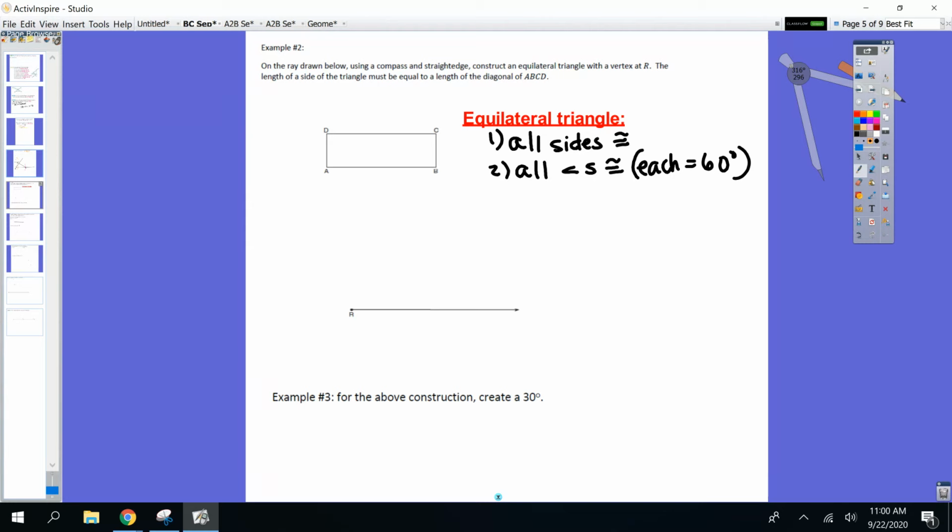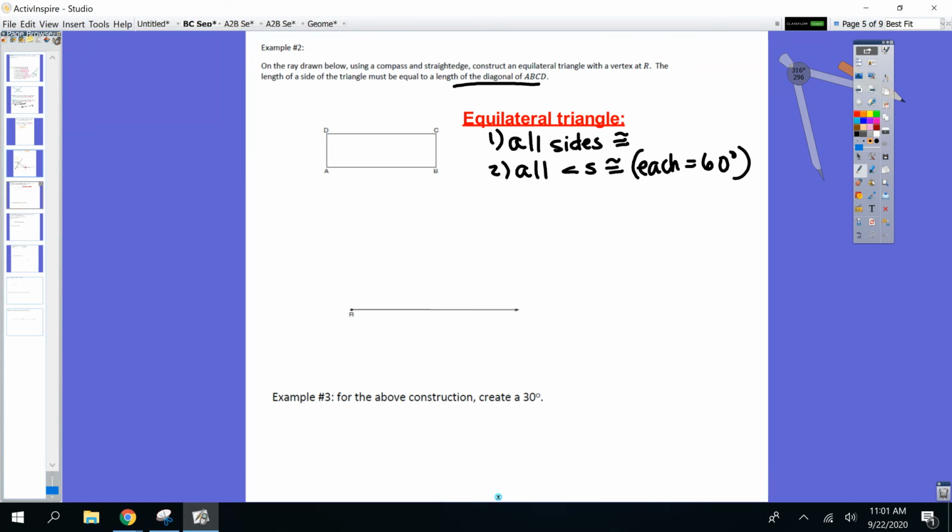Keep reading. How am I going to find how long each side has to be? Go ahead, keep reading. Each side is going to be the length of a diagonal of this rectangle. What's a diagonal? Grab your straight edge. How do you make a diagonal? What points are you connecting right now on my rectangle?